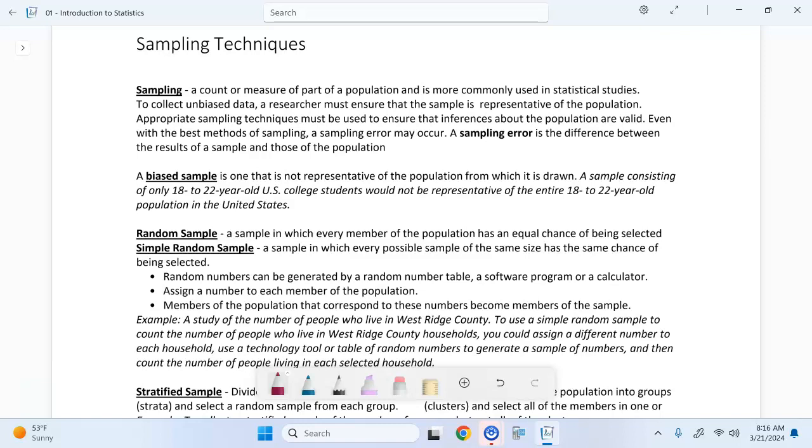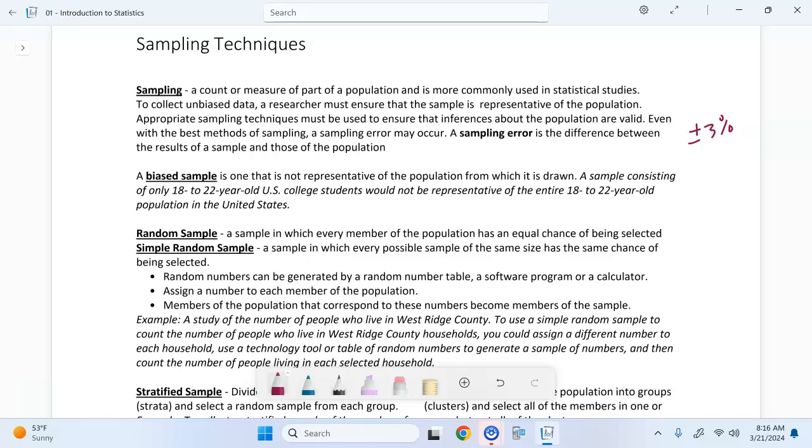That's why a lot of times when you see studies that says 20% of people approve of whatever, you usually see a little plus minus 3% or something next to it. That's the sampling error. They're saying that there's going to be some error by this much above or below whatever our estimation is. So a biased sample is one that's not representative.